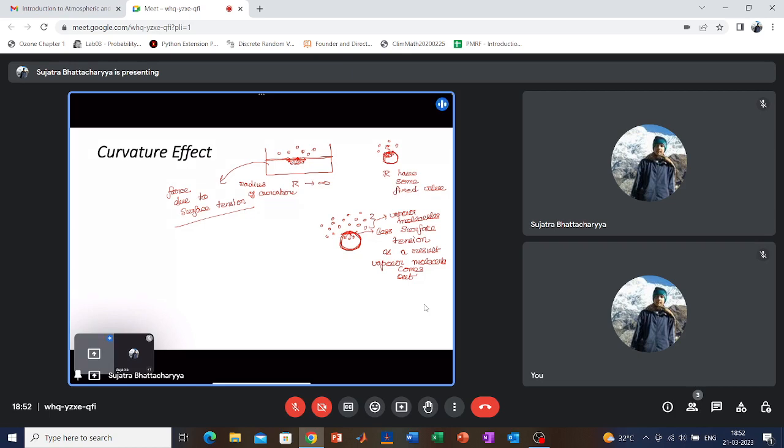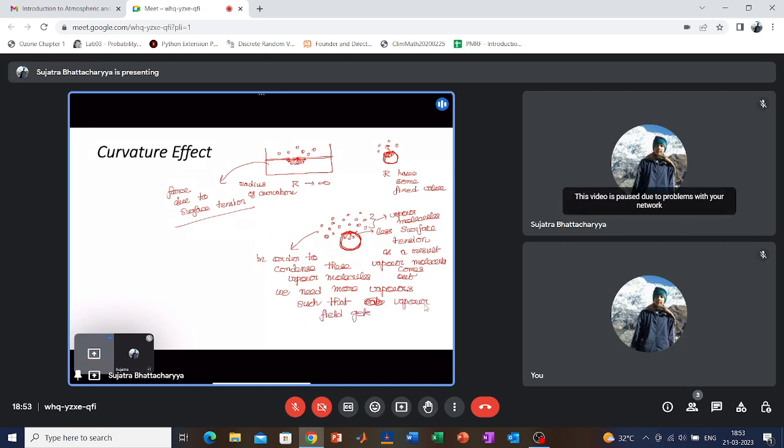Now in order to condense these vapor molecules, we need more vapors such that the vapor field gets saturated.